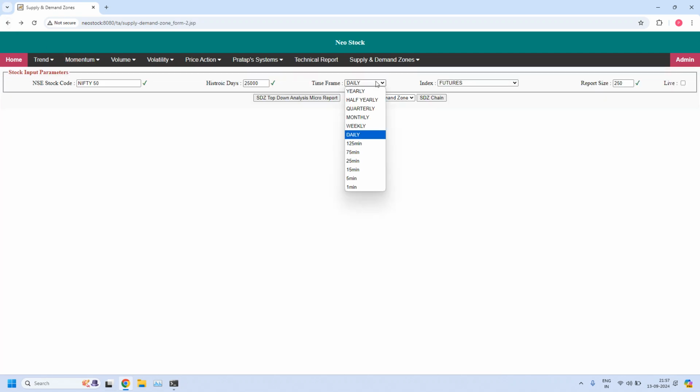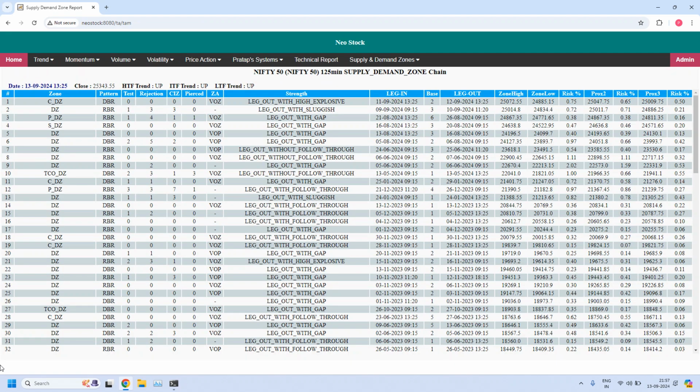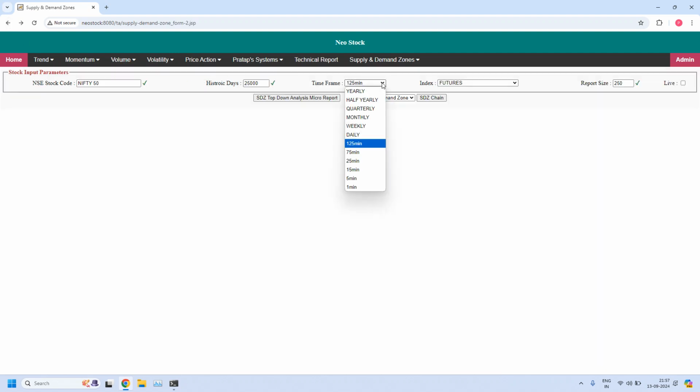Next time frame is 125 minutes. I am generating the 125 minutes supply demand zone chain for Nifty. Next time frame is 75 minutes. I am generating the 75 minutes supply demand zone chain for Nifty.